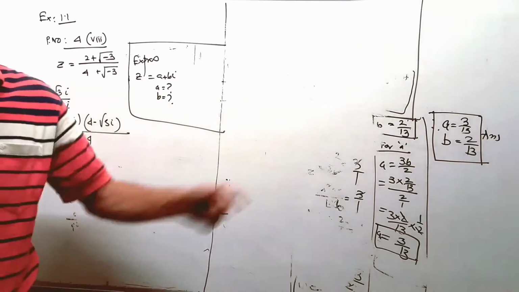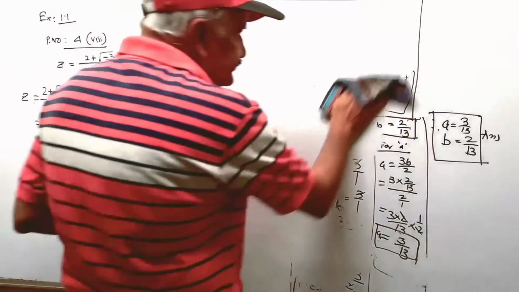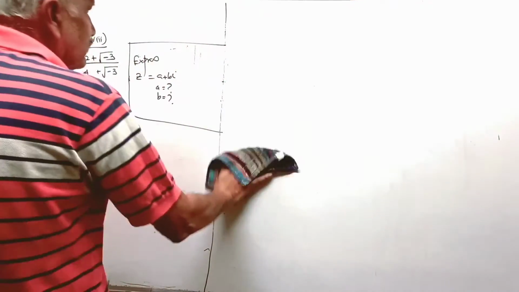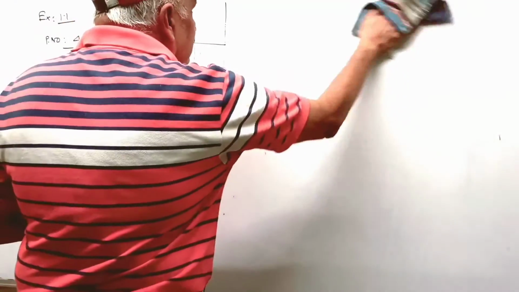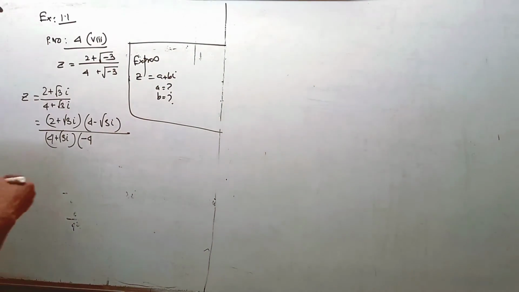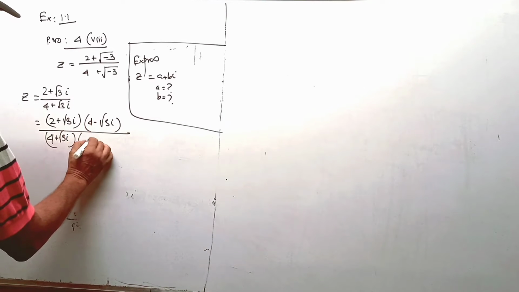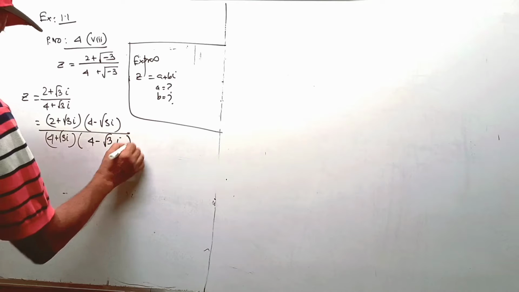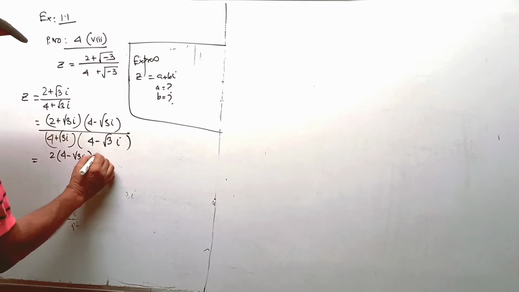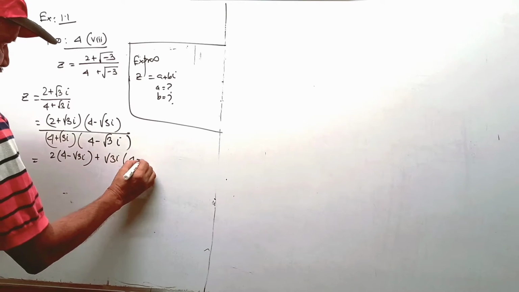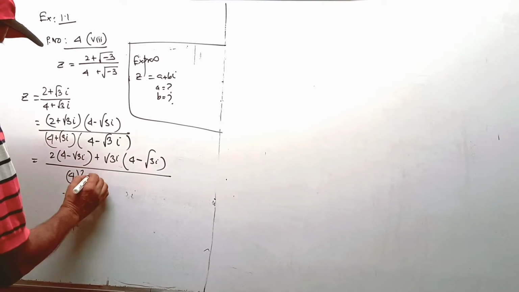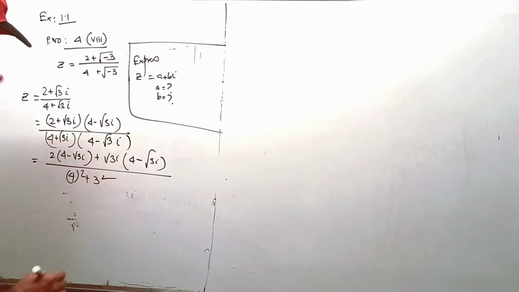Now here you can write 2 into 4 minus root 3i, plus root 3i into 4 minus root 3i, divided by 4 square plus 3 using the shortcut.